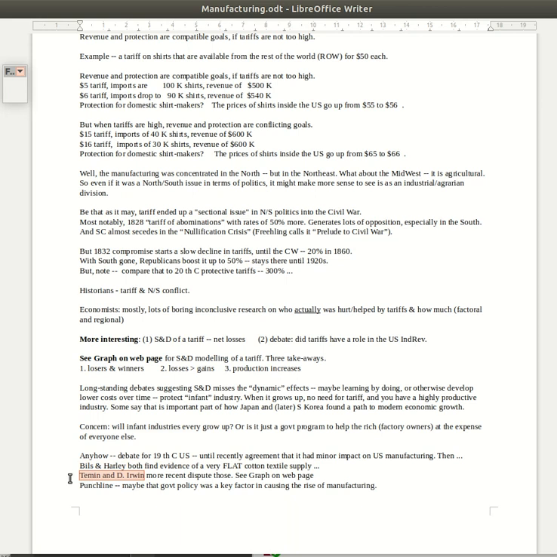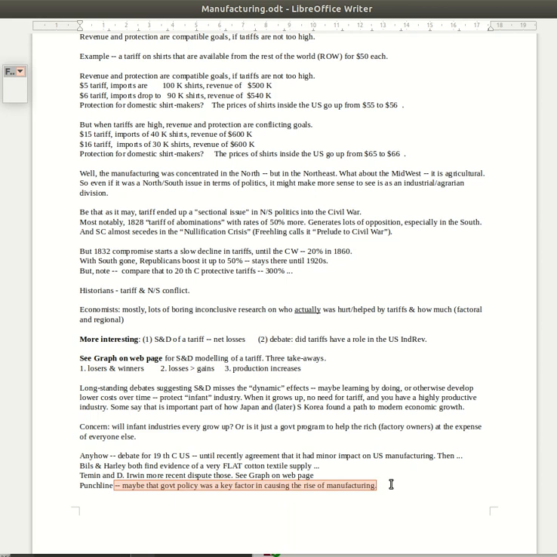And Temin and Irwin dispute the findings of Bills and Harley, and they present evidence suggesting that the cotton supply curve was not flat, but was steep. Anyhow, don't worry about it unless you're interested, but the point is, for economists and historians, there is a possibility that government policy was a key factor in causing the rise of manufacturing.